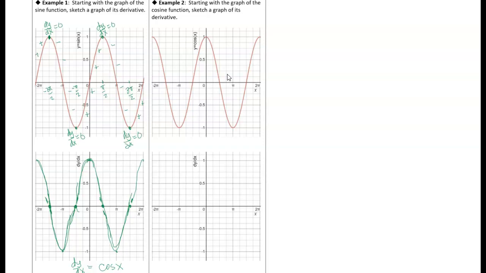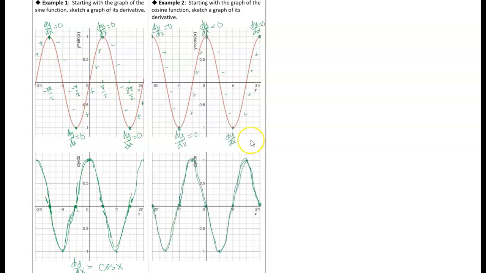Identify where the slope is 0, where it's increasing, where it's decreasing, and sketch a graph of the derivative of cosine. Once you've got that, you can come back and I will show it to you. All right, so I've sketched the graph of the derivative of the cosine function. Between negative 2 pi and negative pi, the slope is negative, so we're below the x-axis.